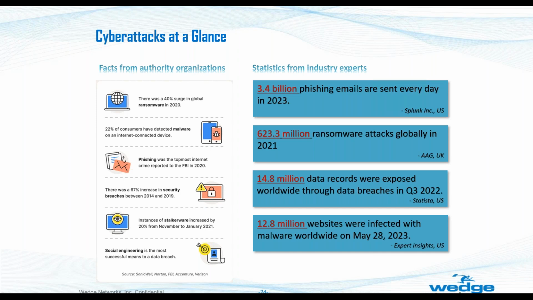The latest statistics from May 2023 show that globally, there are 12.8 million websites infected with malicious software, and visiting these websites may lead to more intrusions. There are victims daily, and everyone can fall prey to these attacks.